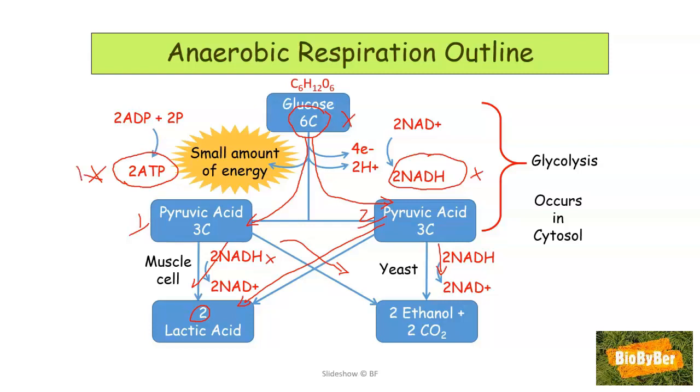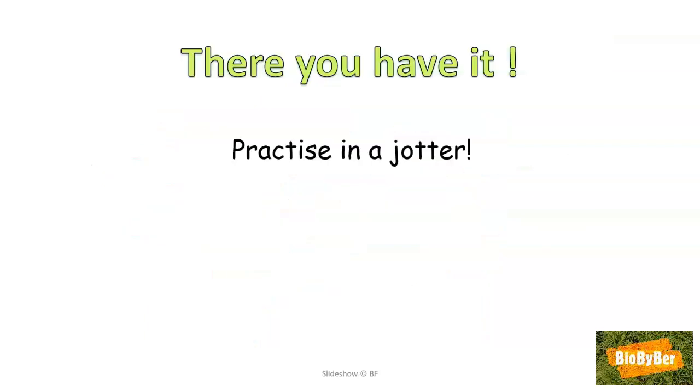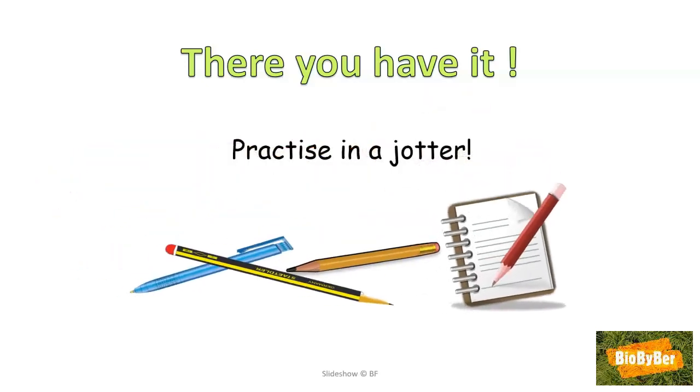Again, of course, you will produce the 2 ATPs, but the products will be 2 alcohols and 2 carbon dioxides. And by the same logic as before, there is no net gain of NADH. Watch out for that tricky little point. Don't fall into any traps. And there you have it. Practice in a jotter.